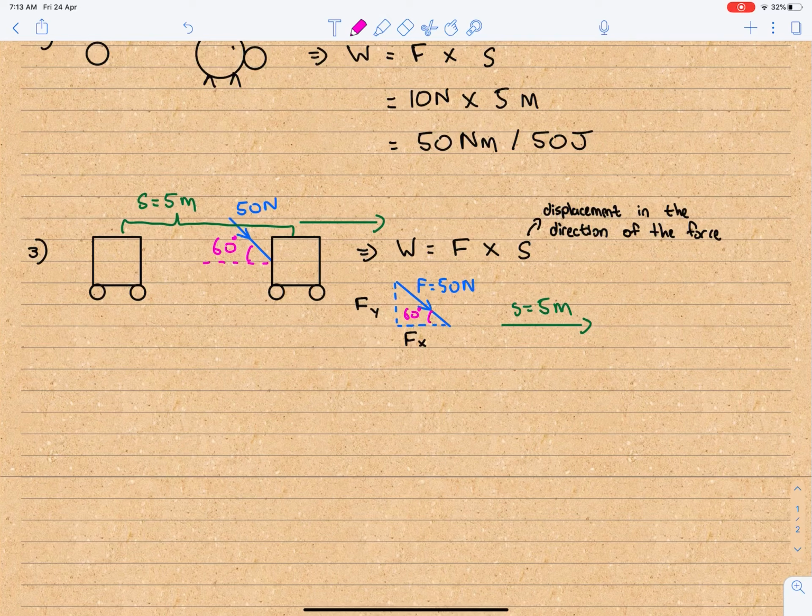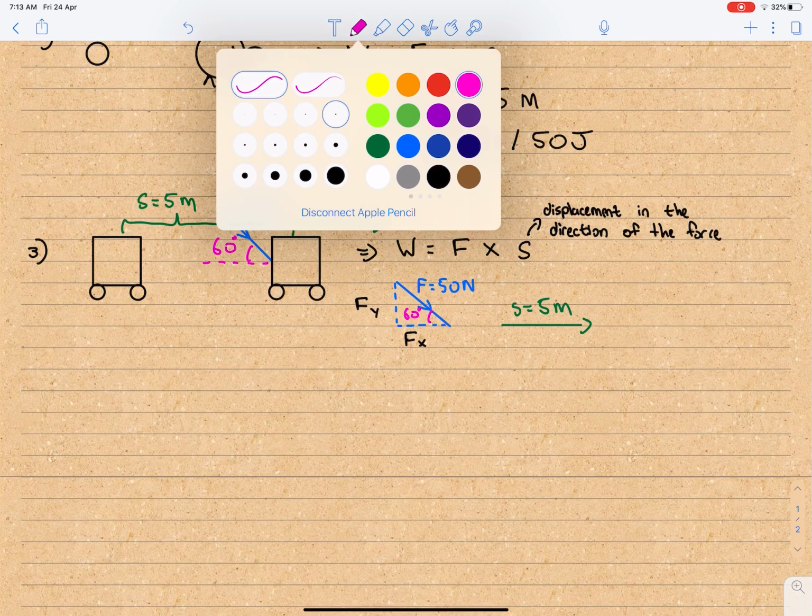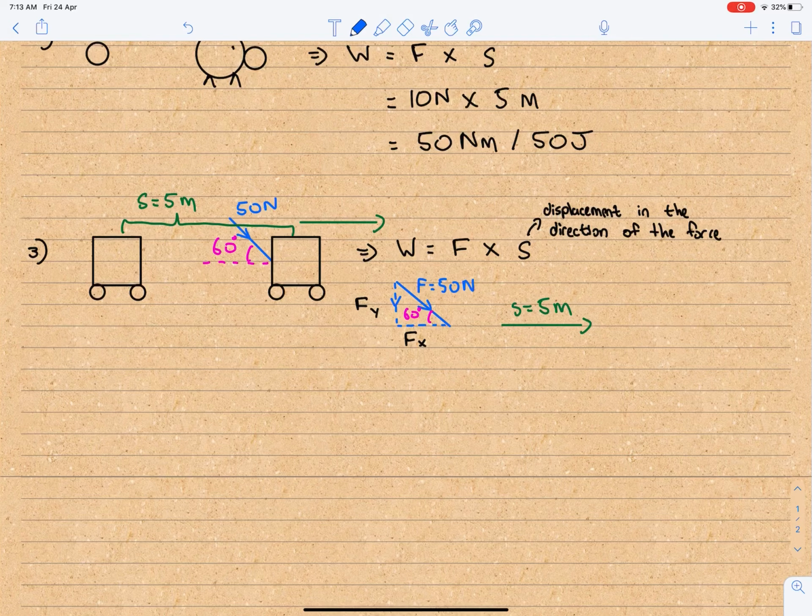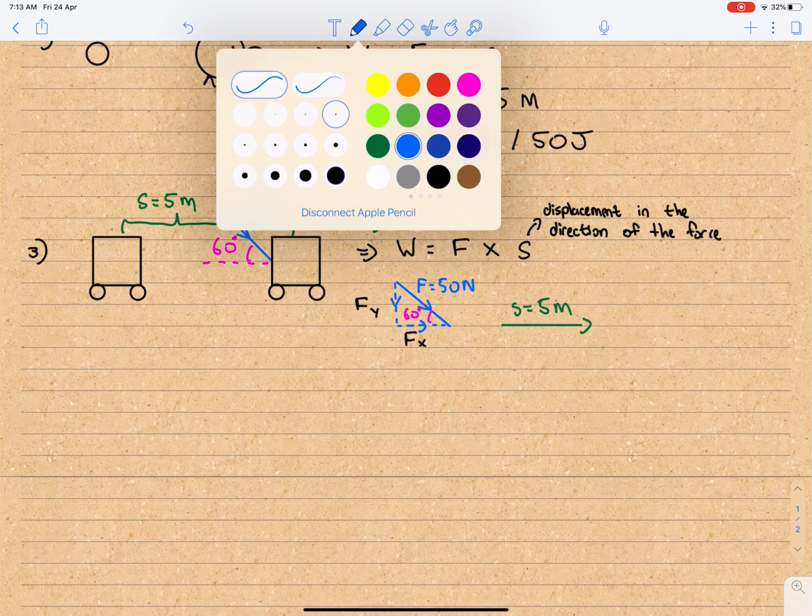So F is not in the same direction as displacement. Fy is not in the direction of the displacement, as the displacement is going to the right and Fy is going downwards. In this case, the component of force that is in the same direction as displacement is Fx, as Fx is going to the right and displacement is going to the right as well.